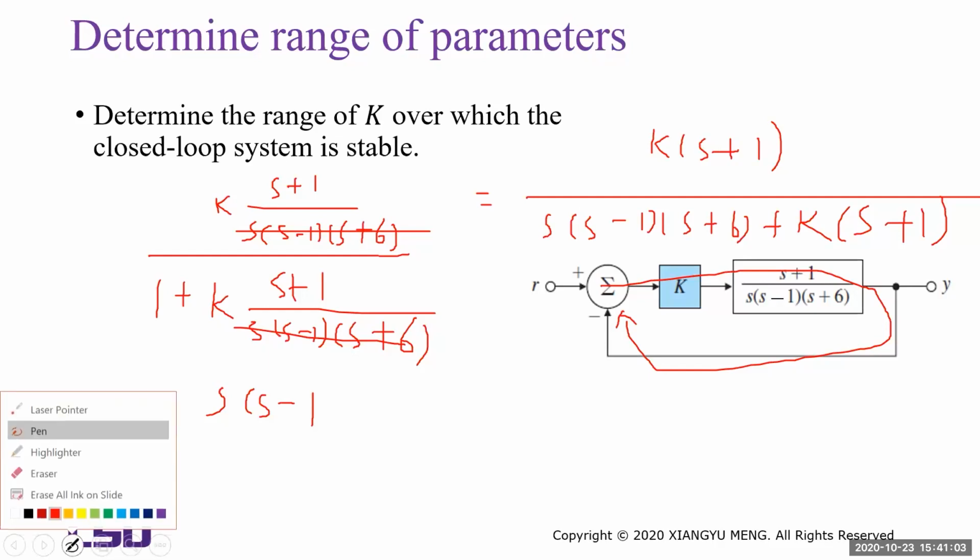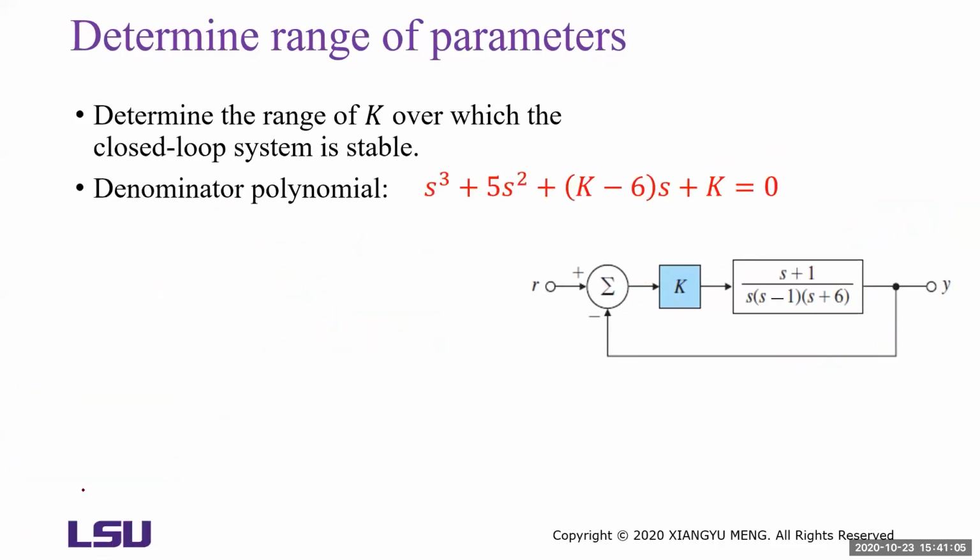Do you have a polynomial like this, the denominator polynomial? I did my algebra wrong. I have 6K, not K minus 6. But yes, it's K minus 6.